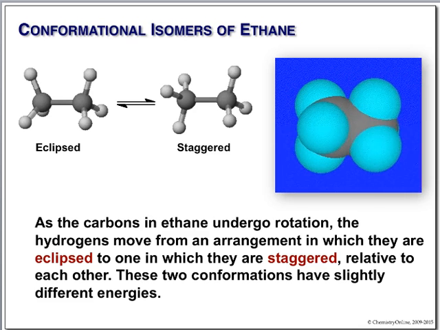Now, when we do a space-filling model, this is approximately 90% of the electron cloud for that particular atom. So actually, as these things get really close here, they do interact with each other. And that makes the eclipsed less favorable than the staggered.